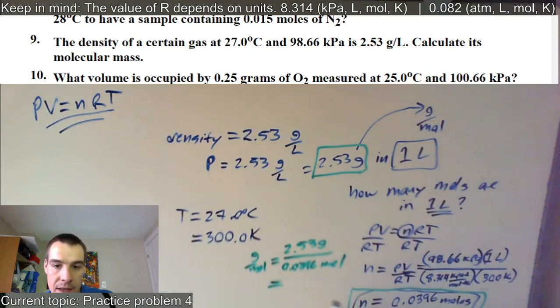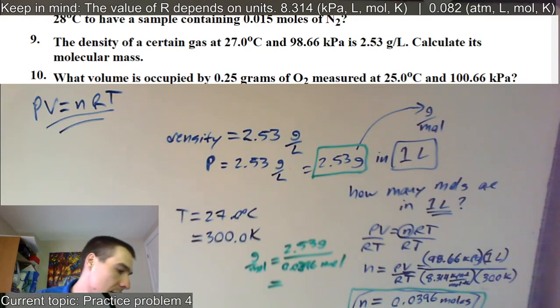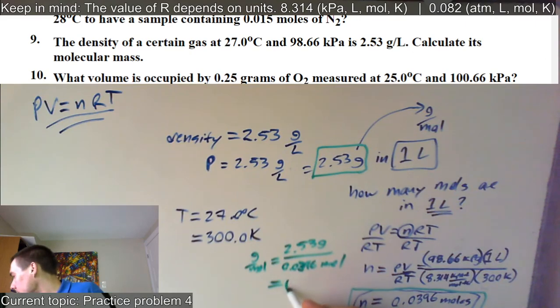So 2.53 divided by 0.0396 is 63.96 grams per mole.